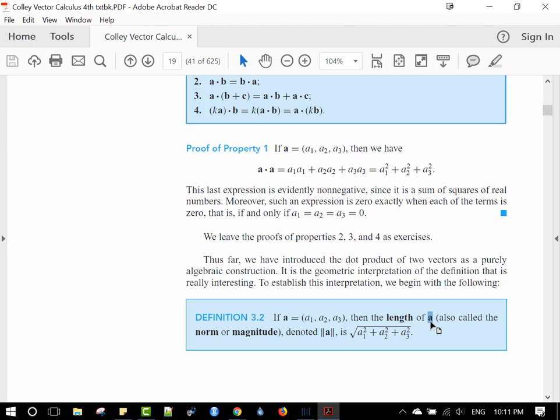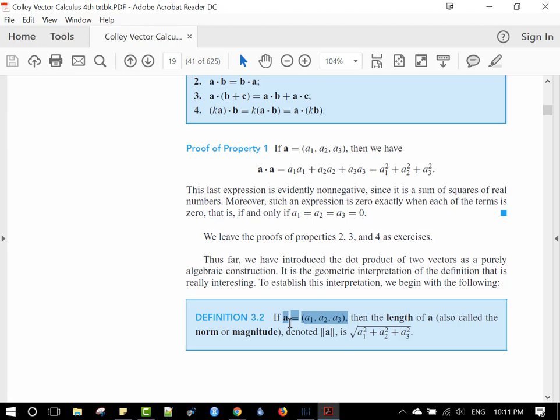So we do know it in that sense, but divorcing it from the idea of an arrow, then we don't really have any concept of length for this vector A. But now we're going to give a definition for the length of A, and hopefully it'll mean the same thing as the length of the arrow when we have an arrow.